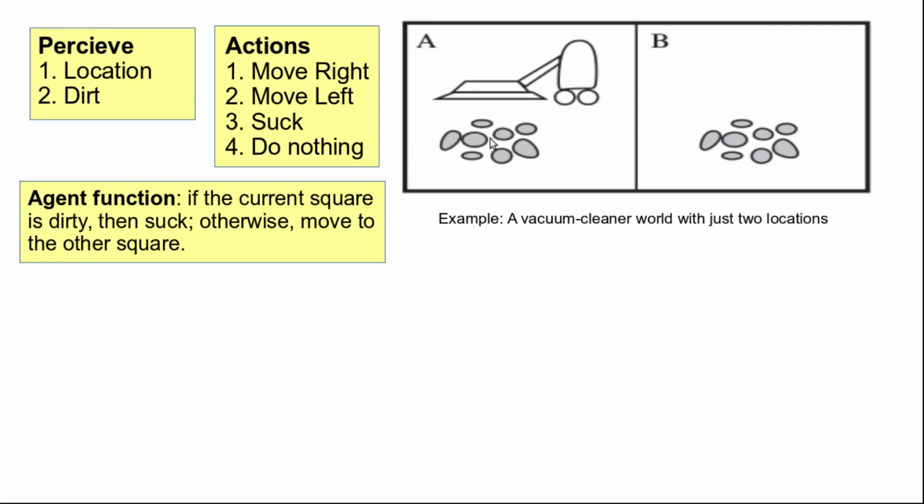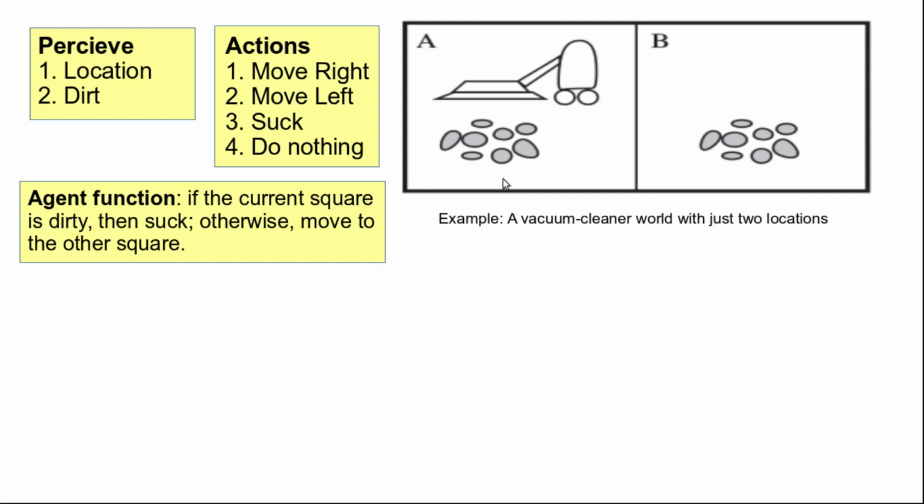If the current square is not dirty, then move to the other square. So this is a simple agent function to specify the behavior of the vacuum cleaner.